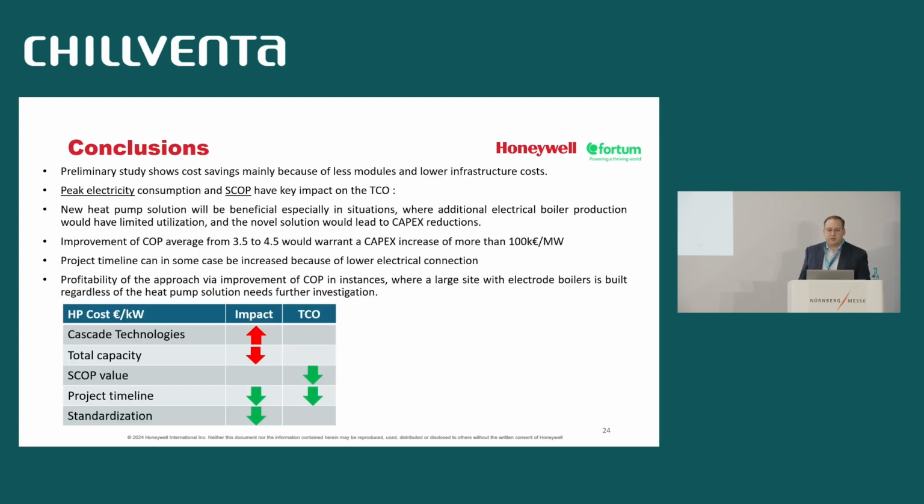So the conclusions from our side when we did a business case on how it would affect our existing solution is that the biggest upside comes from the cost savings on the infrastructure side. Less infrastructure, no electrical boilers and less electrical infrastructure, less construction costs, basically.